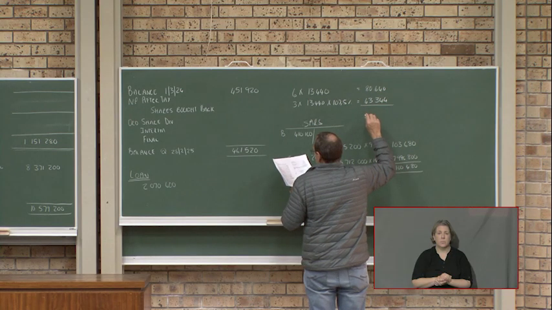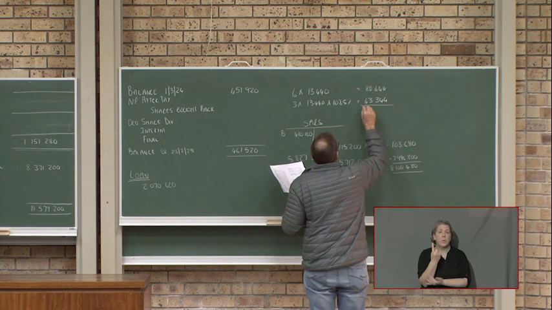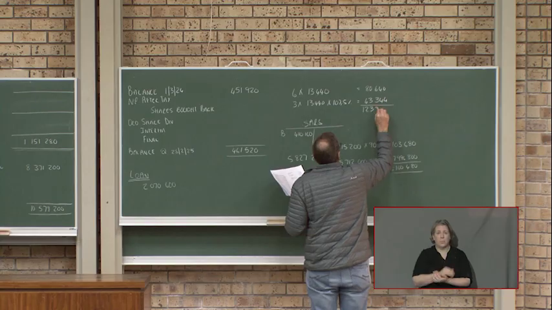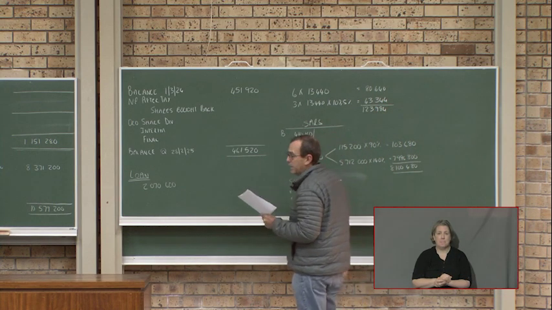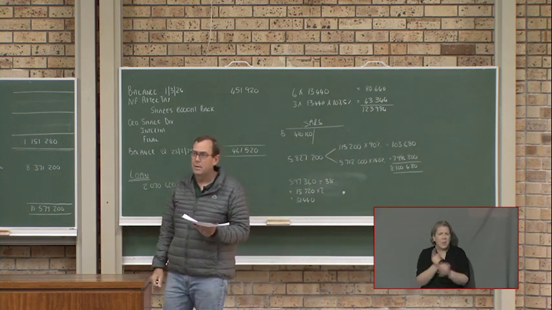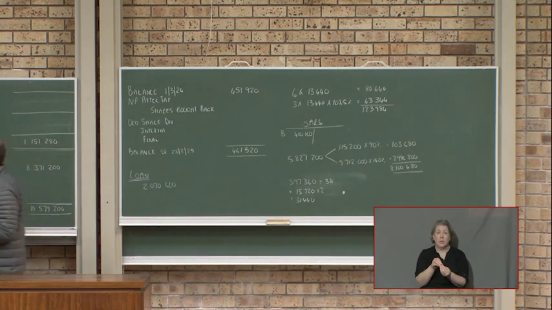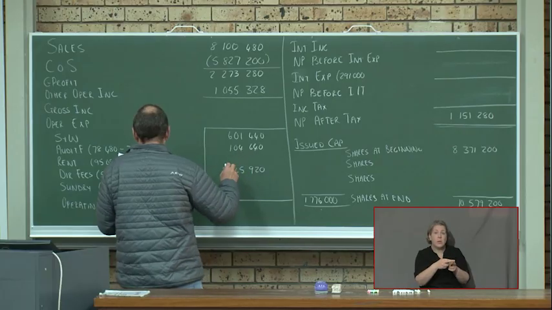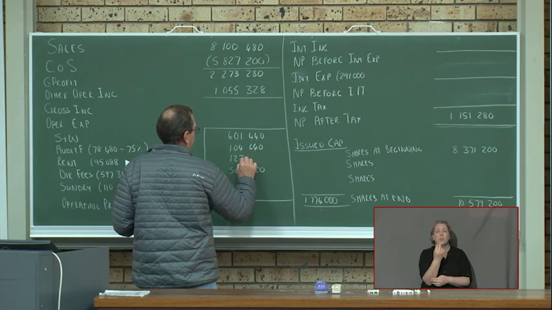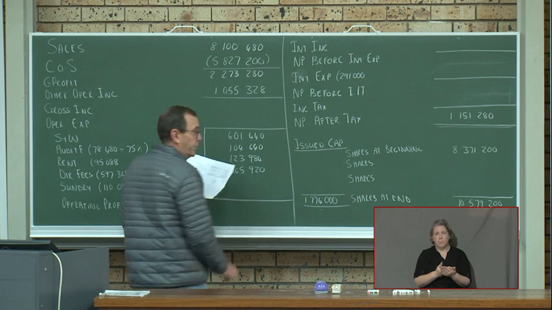And that gives us a total of 123,984. What did we calculate there? The total. So our rent, we can just write that figure in, 123,984. Do you agree?